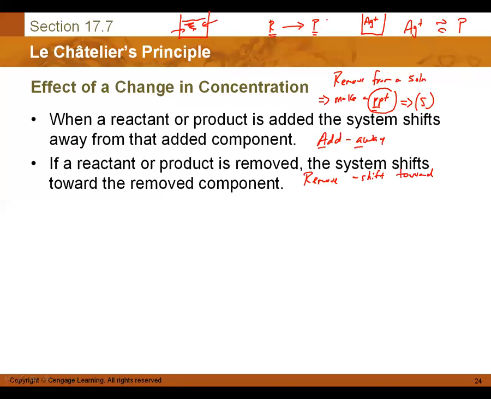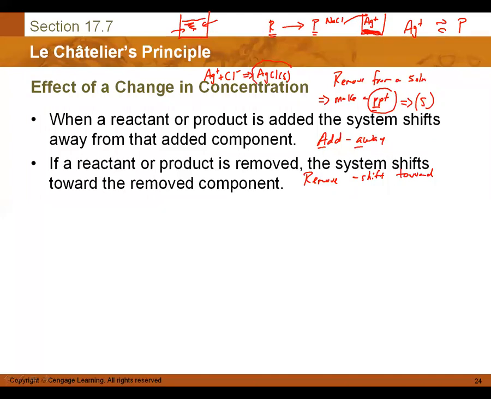Now, if I take something like sodium chloride and I add it into this beaker, the silver ions and the chloride ions coming in will come together to make silver chloride, which is a solid, right? And what we would see in the beaker is a white solid being made, right? And that white solid is the silver chloride.